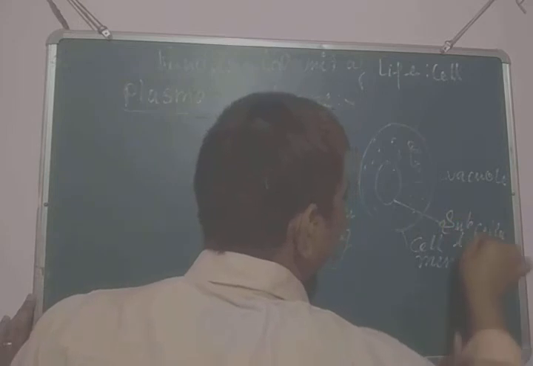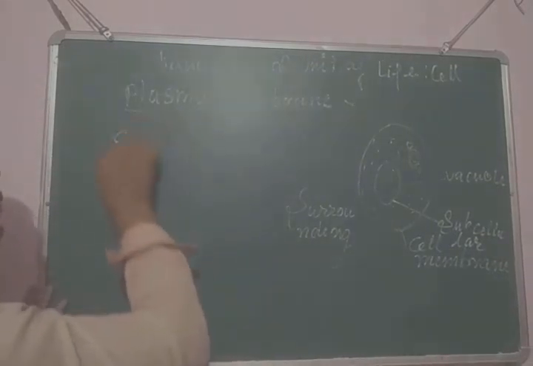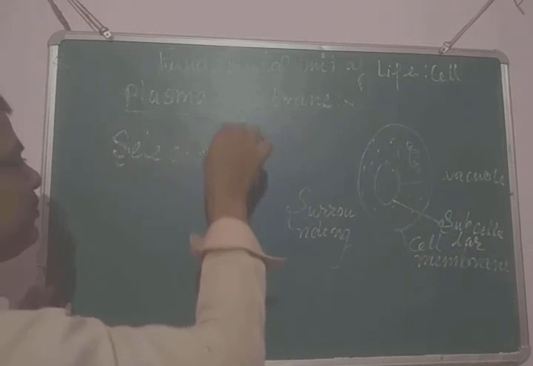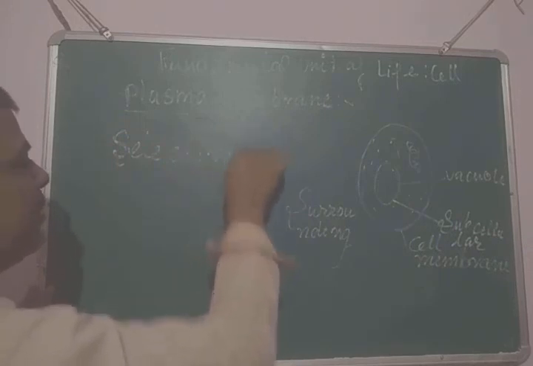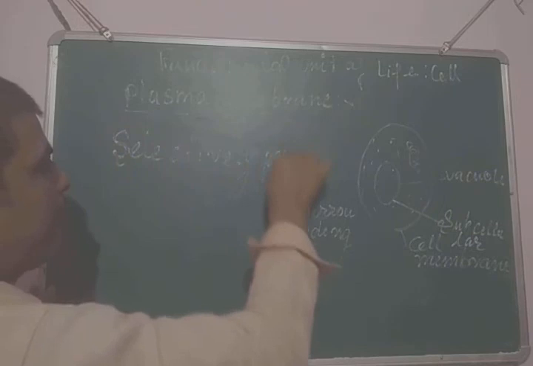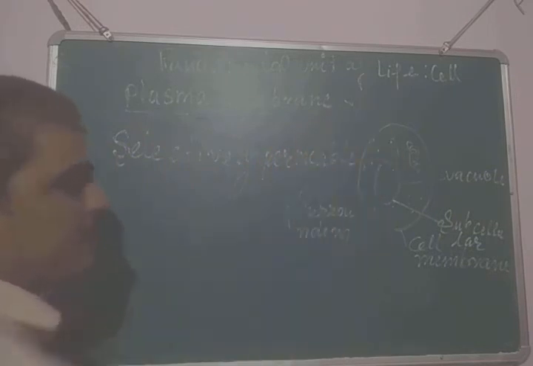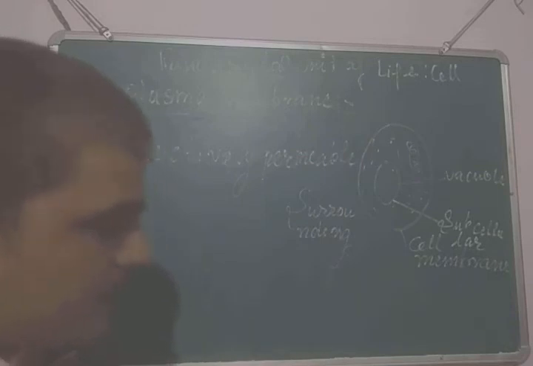This plasma membrane is selectively permeable. This selective permeability helps the required materials to go inside the cell.